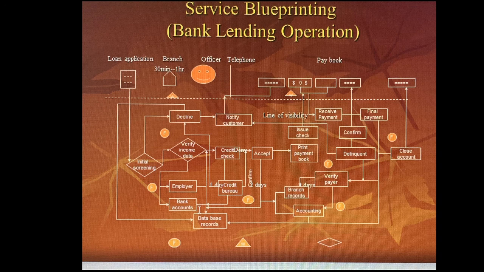Database records means they will be asking for the legal formalities. That is the problem for many people: the legal advisor for the bank will ask for documents going back a minimum of 15 years. For that, it will take some time.